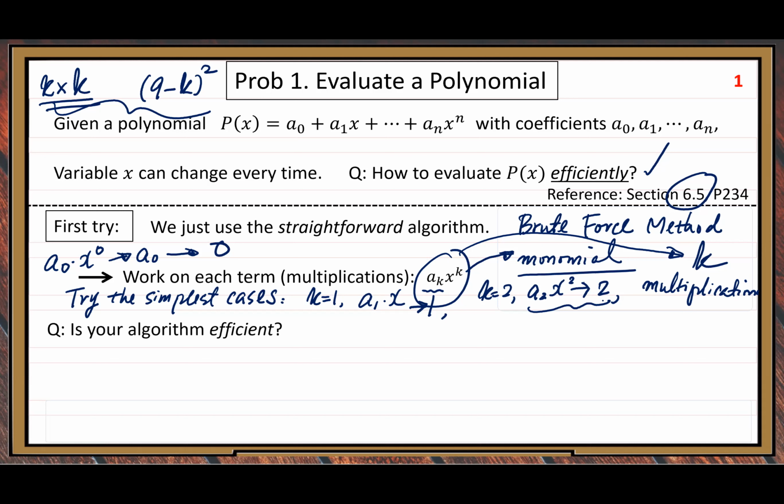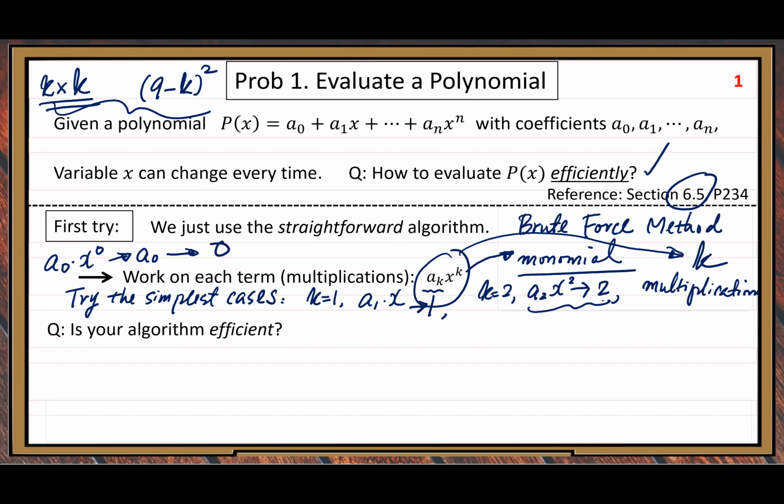Second. The question, is your algorithm efficient? We find a way to give us the correct answer, find the correct value of each term.